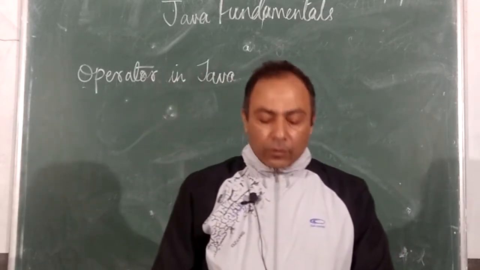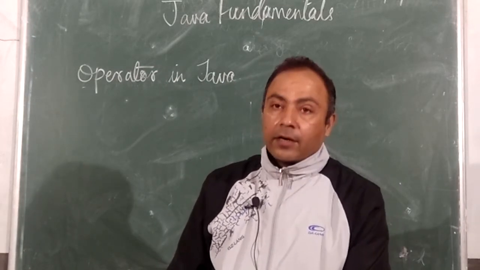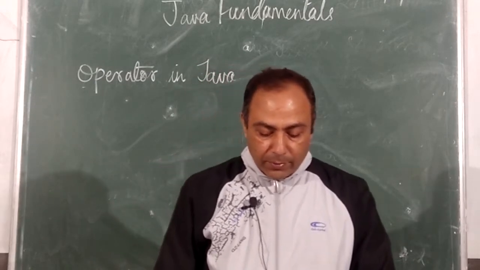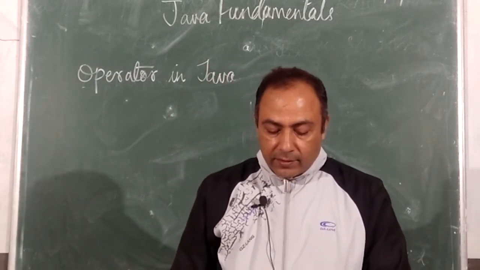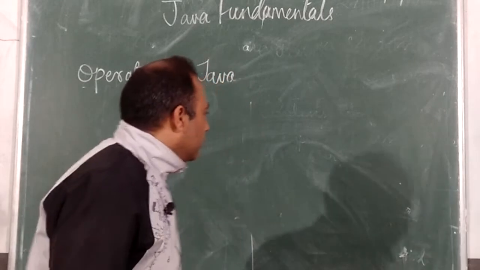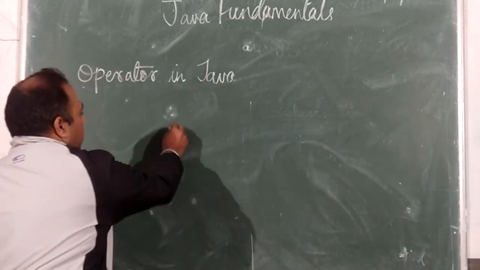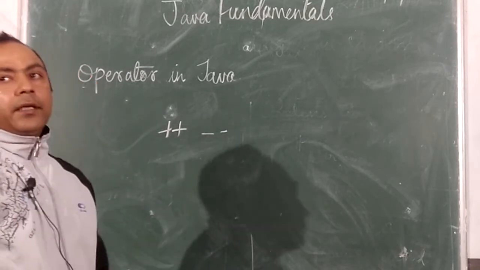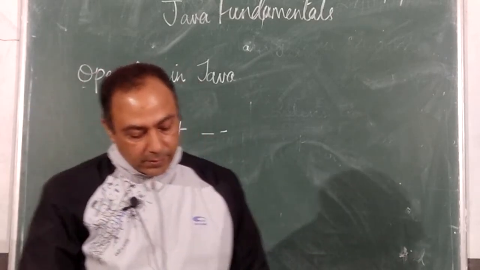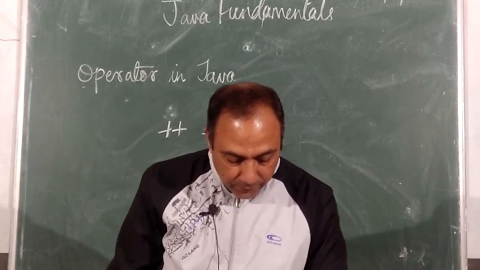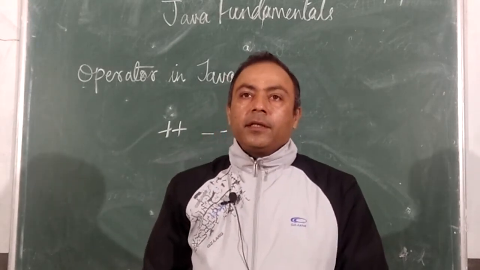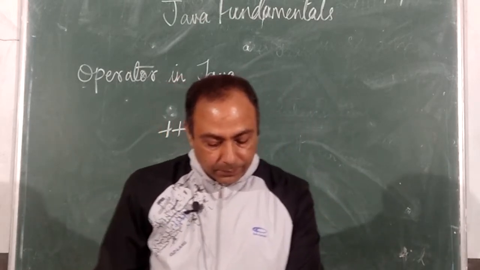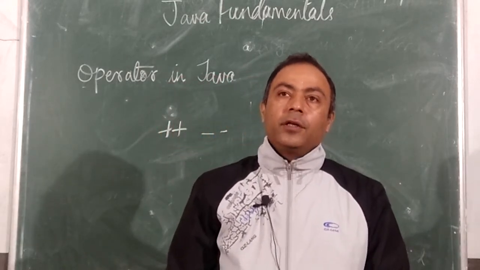Java includes two useful operators that are not found in any other computer language, that is, the increment and decrement operators. The two operators are plus plus and minus minus. These operators add one to or subtract one from the operand.